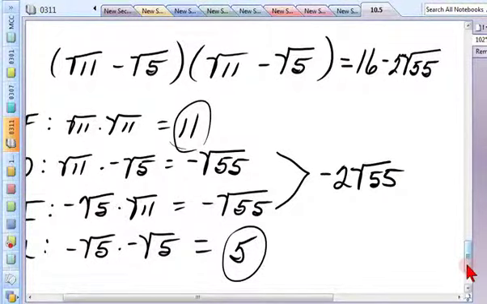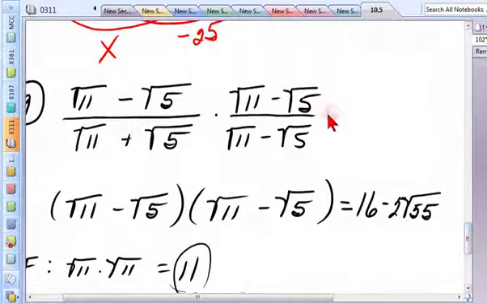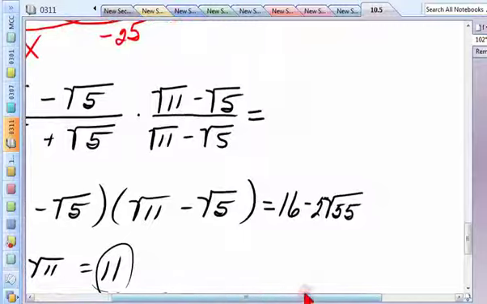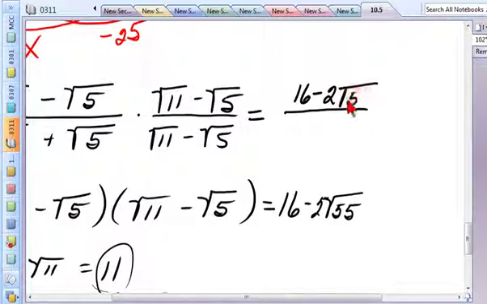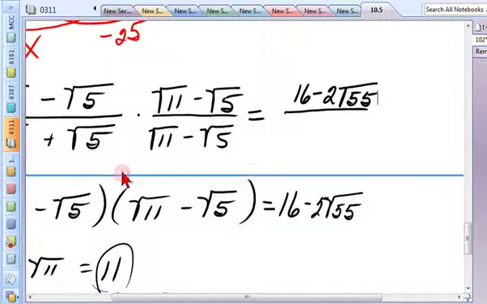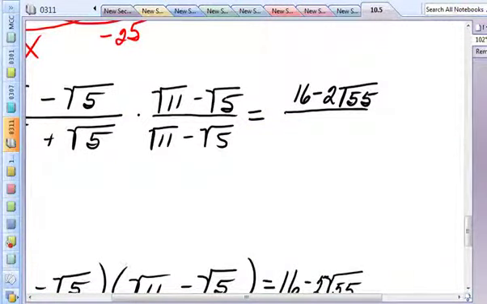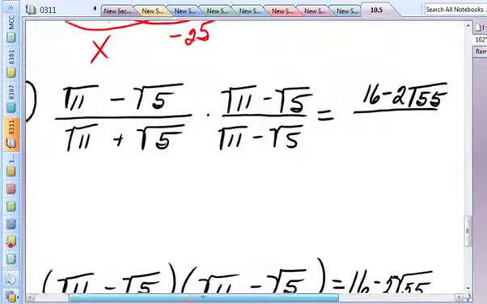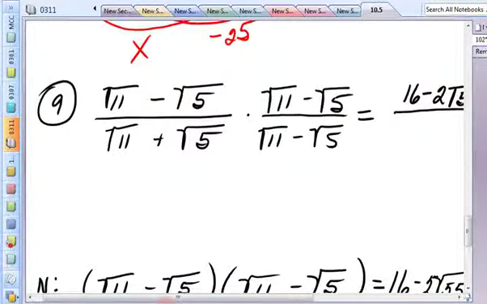Now, back up to the problem. The numerator is equal to 16 minus 2 times the square root of 55. And I'm going to move this away just a little bit. Okay. Now the denominators. I don't think I have to go down and do a separate thing because these are conjugates.